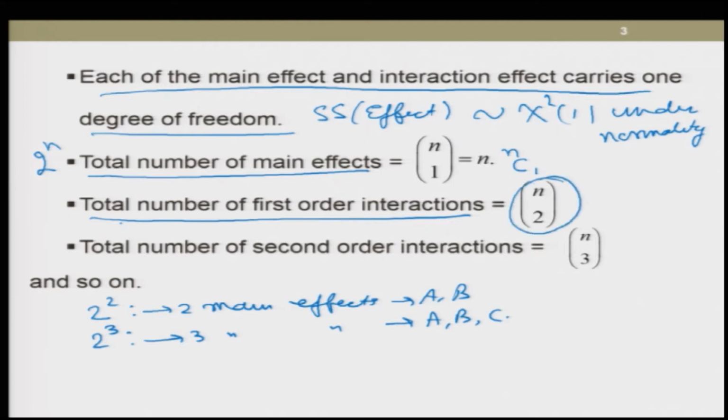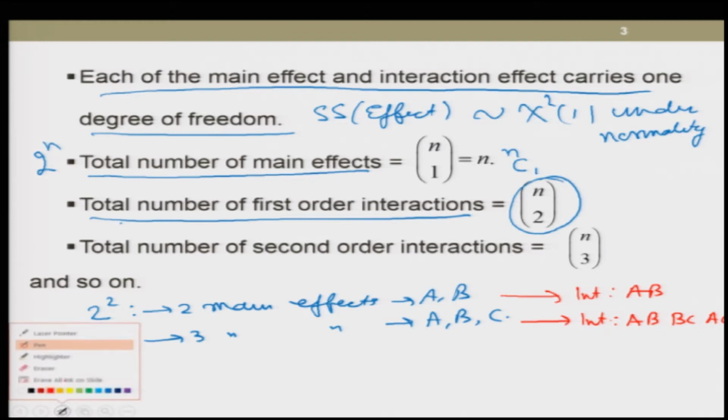For example, in the case of 2 square factorial experiment, the interaction was AB, and in the case of 2q factorial experiment, the interactions were AB, BC and AC. They were the first order interactions or 2 factor interactions.